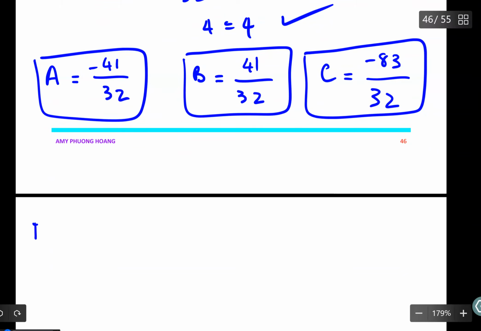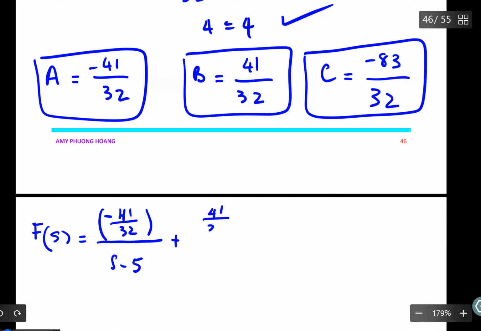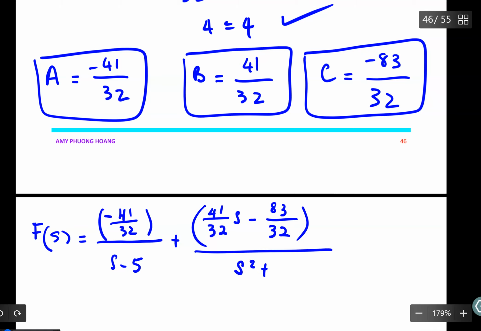So F(s) at this point will be equal to negative 41 over 32, the whole thing divided by s minus 5. And add that with 41 over 32 s subtract 83 over 32, all of this divided by s squared plus 7.